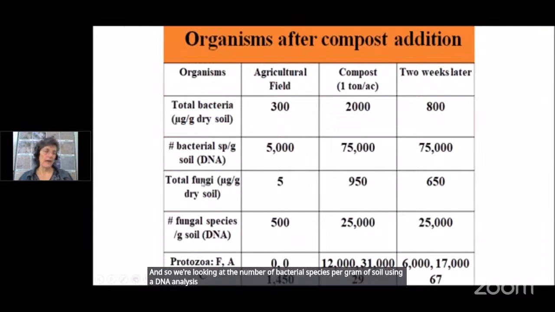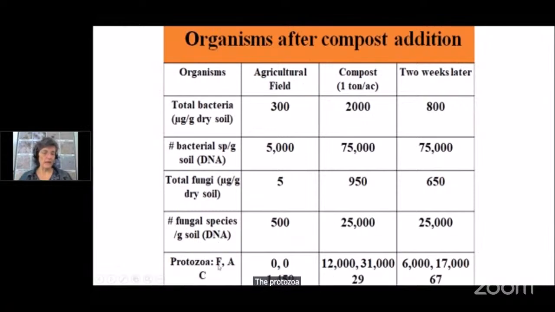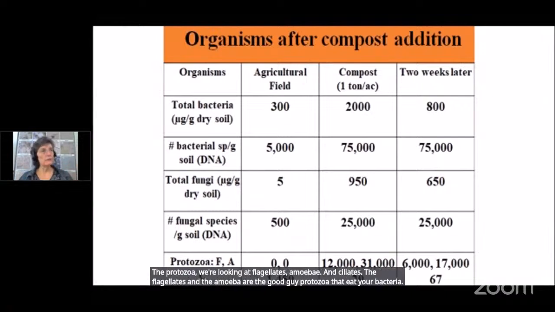We're looking at the microscope assessment of total fungi, and then the number of fungal species using a DNA approach. The protozoa, we're looking at flagellates, amoebae, and ciliates. The flagellates and the amoebae are the good guy protozoa that eat your bacteria, releasing nutrients right in the root zone available to your plant.